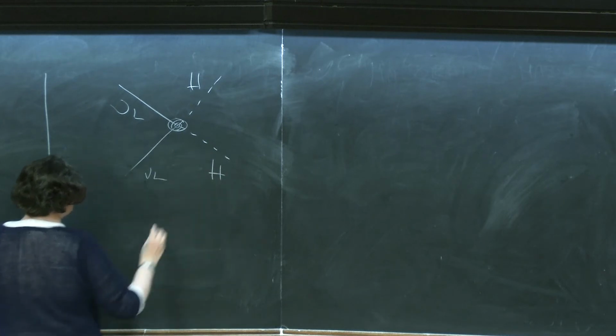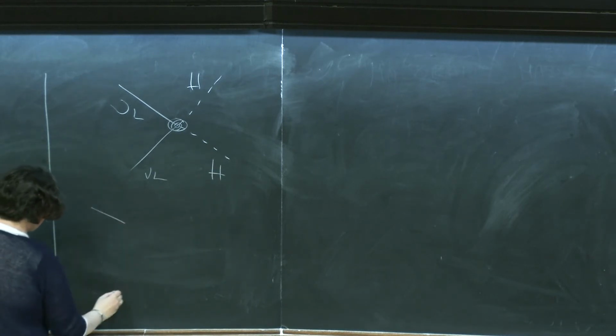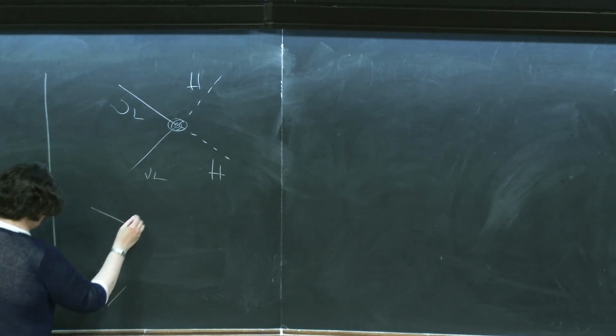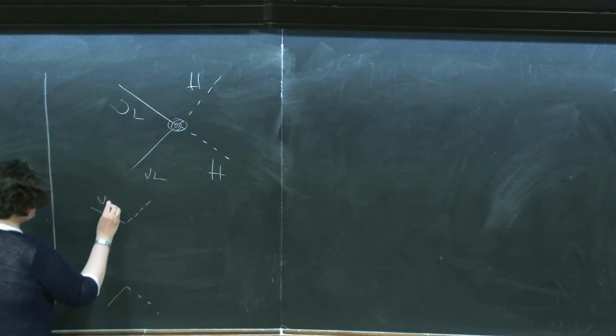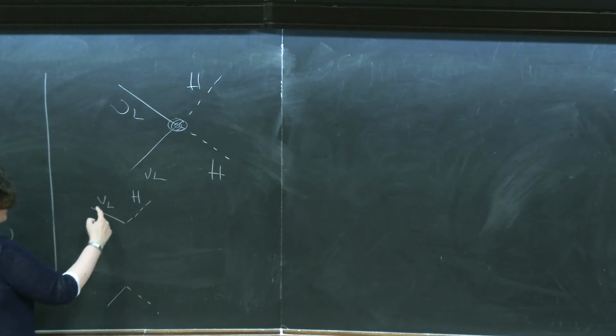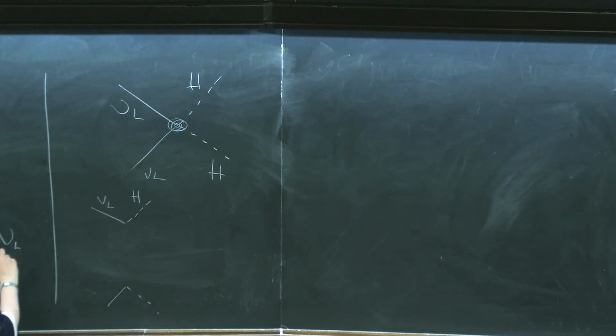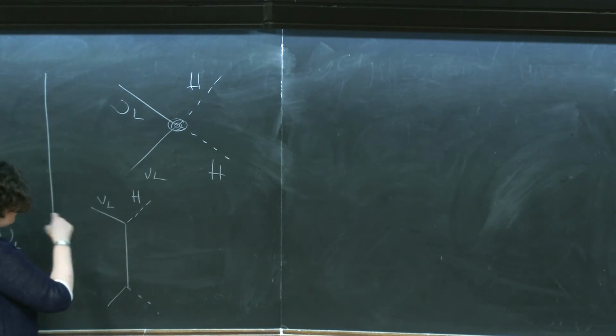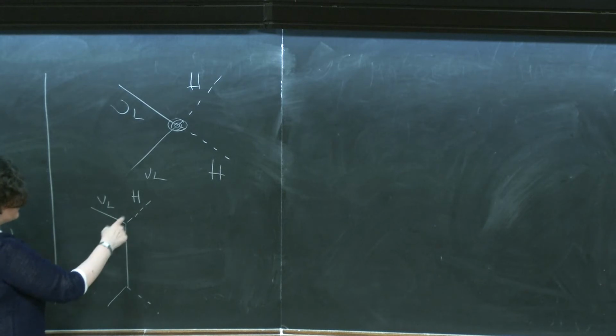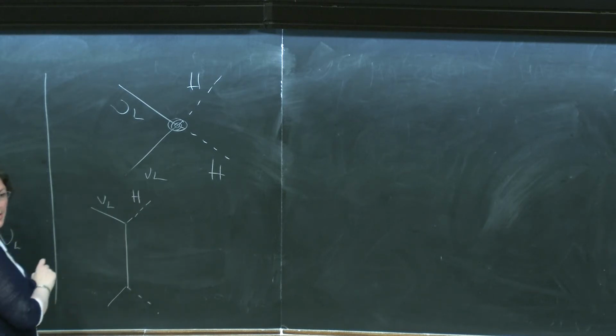The first thing I can do is this. Here I have my nu left and this is the Higgs. I can make the singlet combination between the two, so this will be an SU2 singlet. In terms of Lorentz structure, you have spinor and scalar, so this will be a spinor.